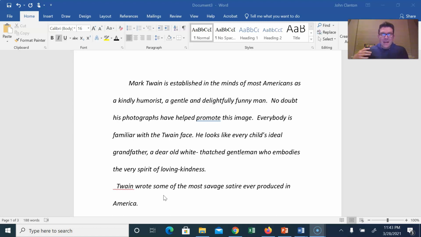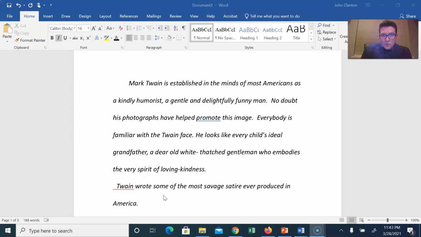It was satirical. What's satire? I think Family Guy, right? Trying to poke fun at society. It's funny, but it's meant to bite. So these are 2 very different ideas, right, in an essay.